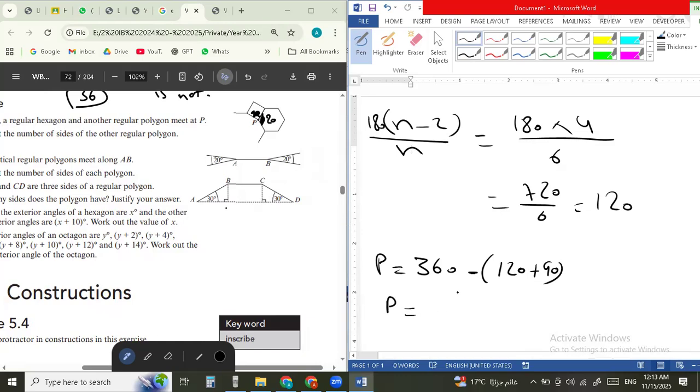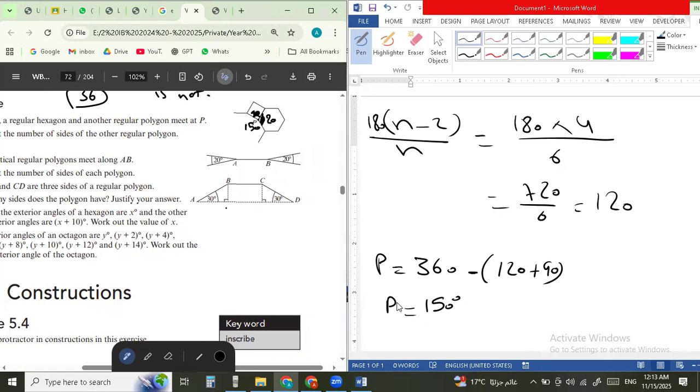So P equals 360 minus 210, which is going to give you exactly 150 degrees. So P is 150. But they did not request the size of the interior angle. They said it's a regular polygon, yes, but they wanted the number of sides of the other regular polygon.